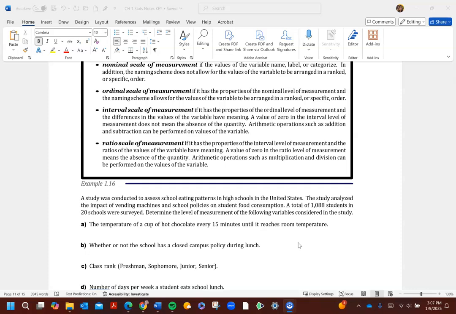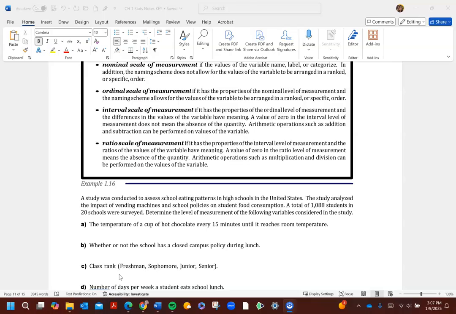Okay, so hopefully you had a chance to think about it. A, the temperature would be interval scale. B is just a yes or no kind of thing, so that's nominal scale. C is ranking, so that's ordinal scale.